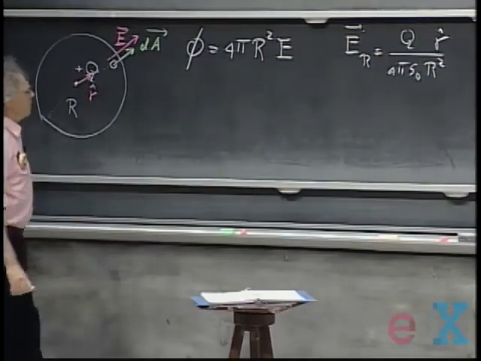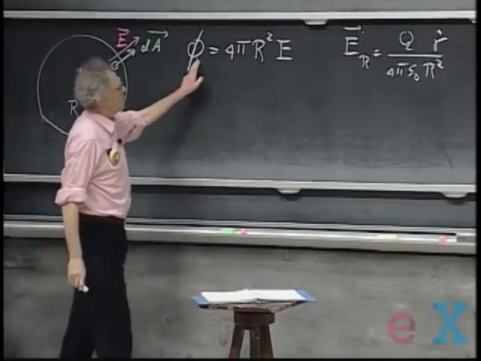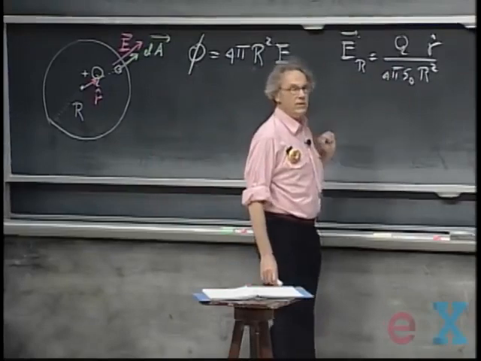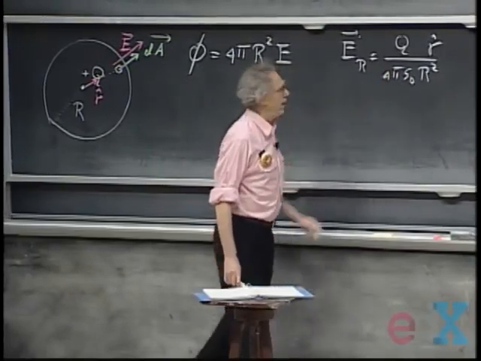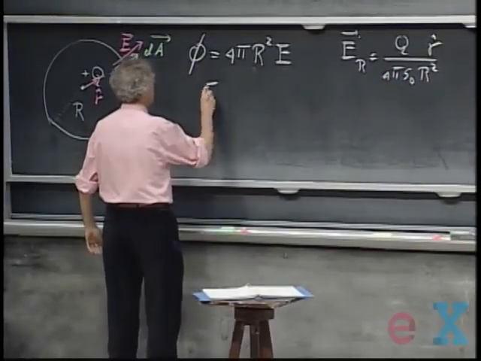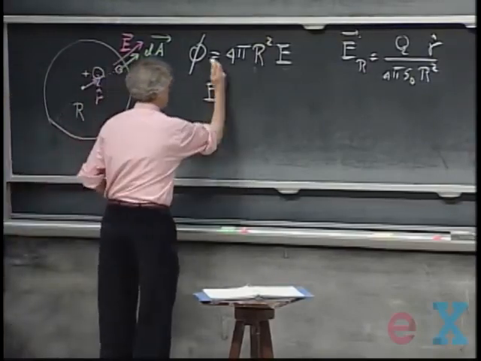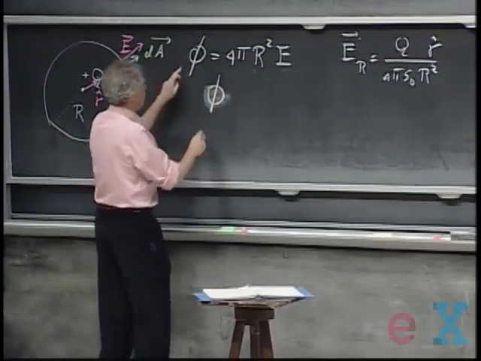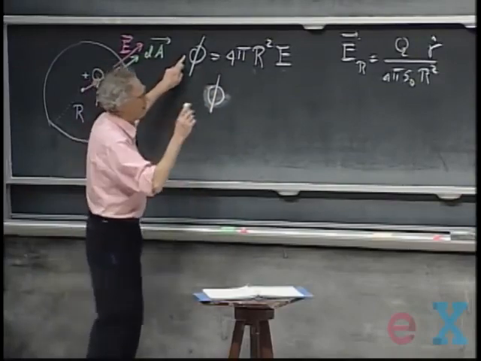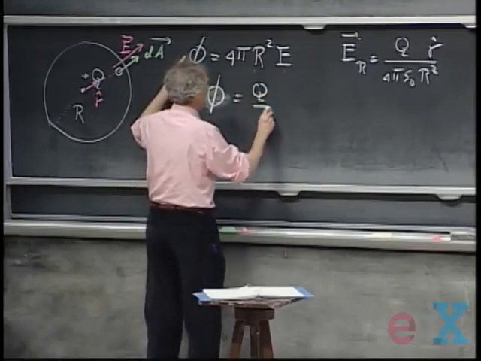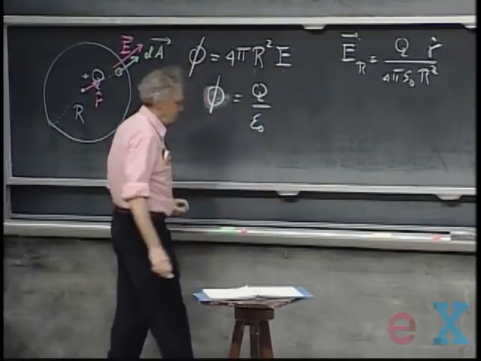And so, if I know that the flux is 4 pi r squared times E, I put the 4 pi r squared here, I lose the 4 pi r squared, and I find that the flux phi, that's what I want to calculate, I multiply this by E, equals Q divided by epsilon 0.